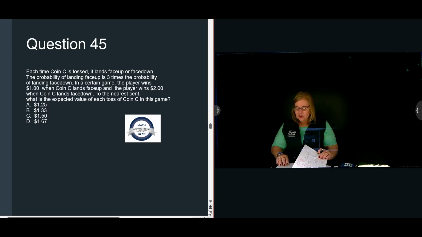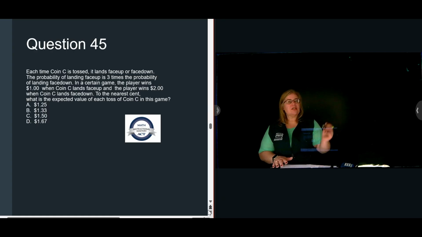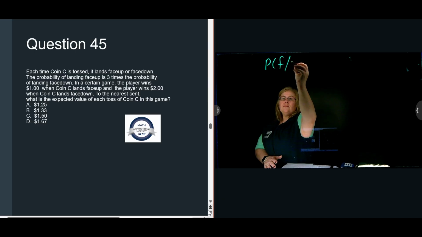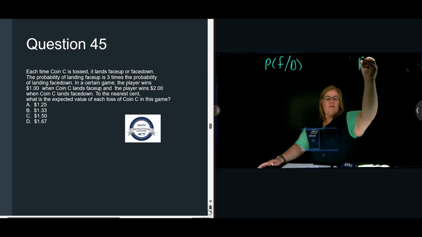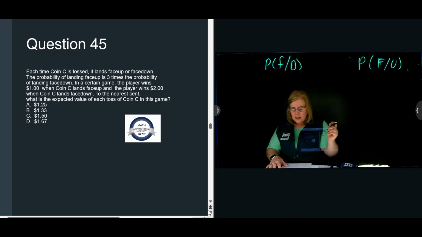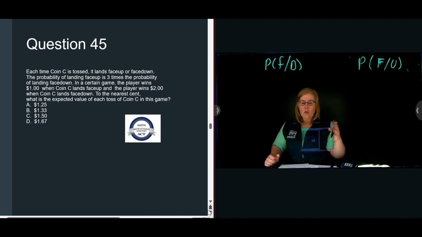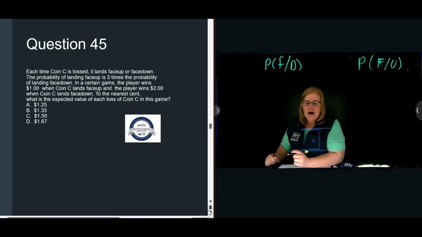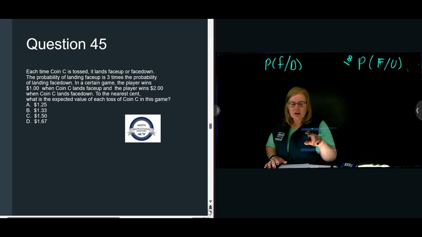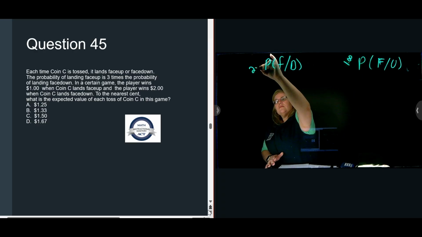So let's go ahead and look at this probability. We have the probabilities of face down, and we have the probabilities of face up. All right, it says that I win $1 for my face up, so we're going to put $1 here, and $2 for face down.